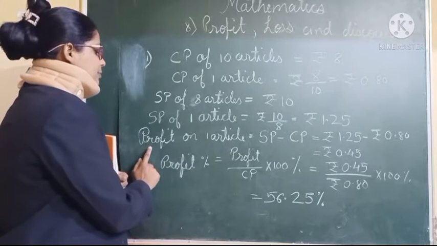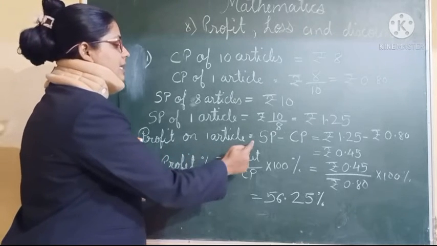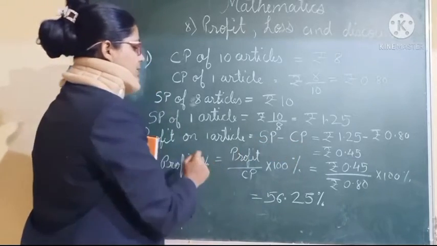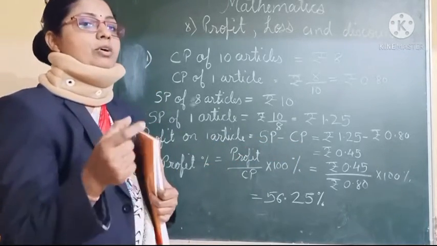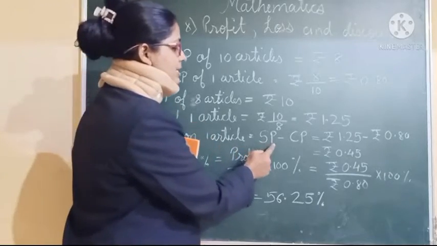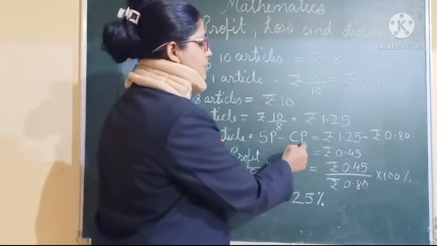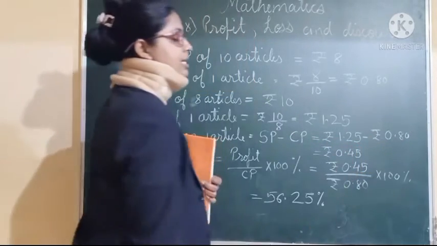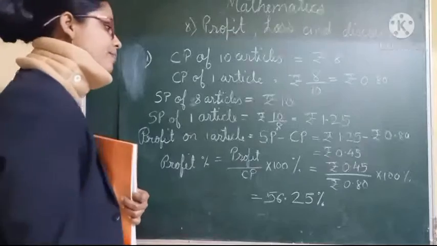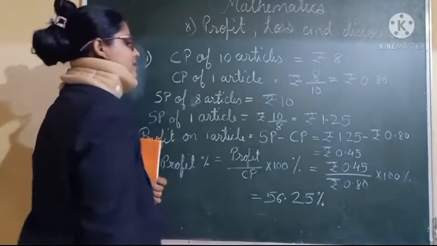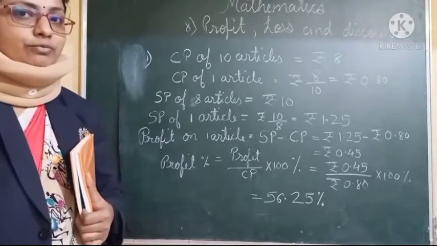Then profit on one article equals selling price minus cost price. If we want to take out the profit for one article, we use the formula selling price minus cost price, which will be rupees 1.25 minus 0.80. After the subtraction, we get rupees 0.45.